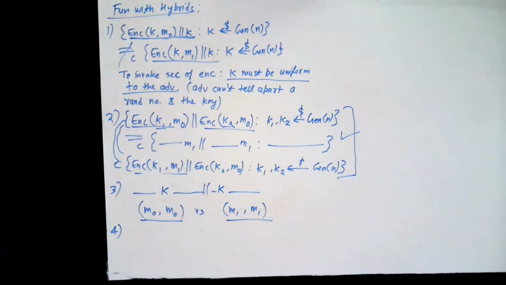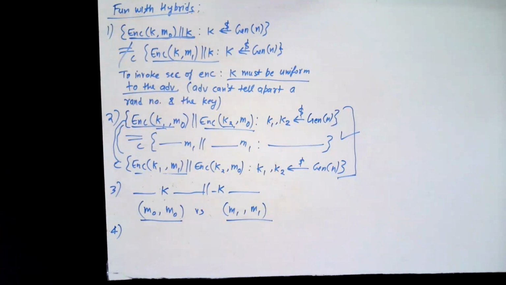Multi-message security was required when you had M0 and M1, M2, right? Because if I have M1, M2 and M0, then I can say that my first and second half are the same, so I can easily tell one and the other apart, because M1 and M2 will never go to the same ciphertext. But if you are encrypting only M1, M1 and M0, then I think you don't need multi-message, right?